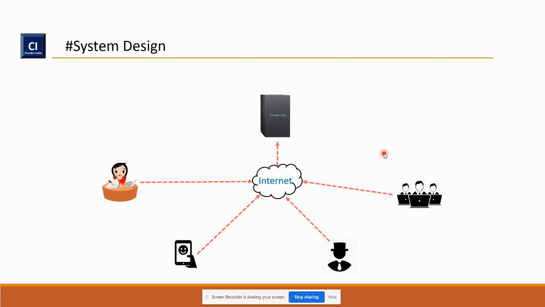Now, since you are selling it and people are ready to pay, you have to take care of so many things. You cannot give your system to any one person. You have to provide the services over the internet so that at a time you can reach multiple customers.